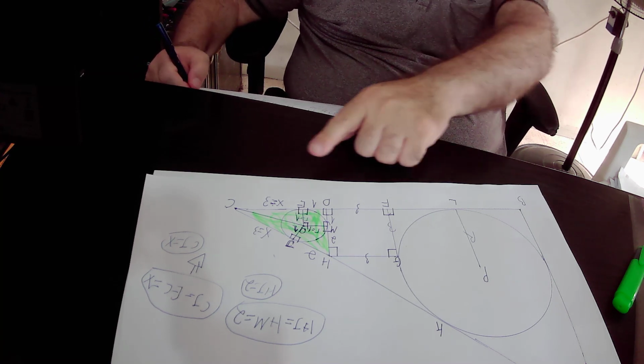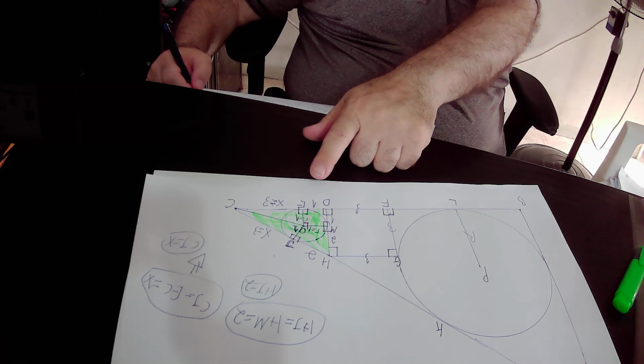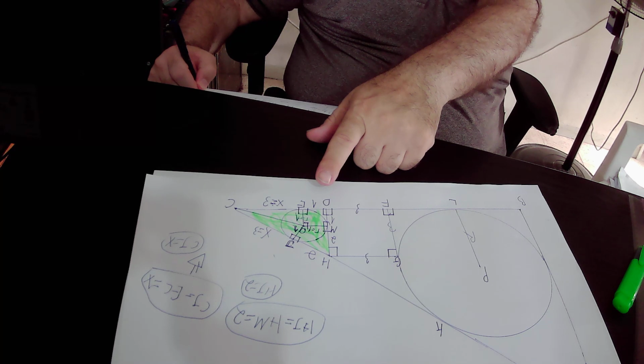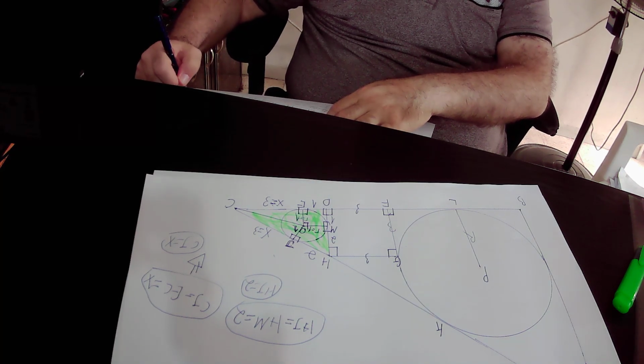And finally, CO equals to itself. OC equals to OC. It's a common side that belongs to both triangles.